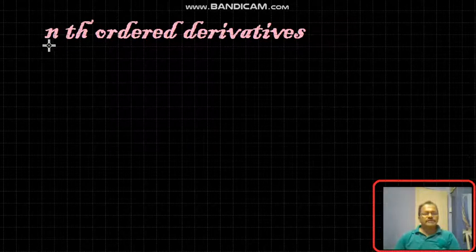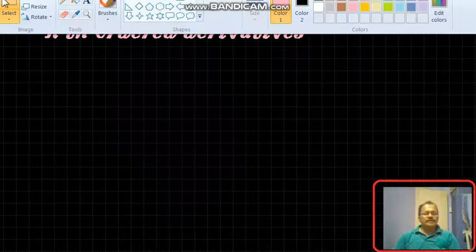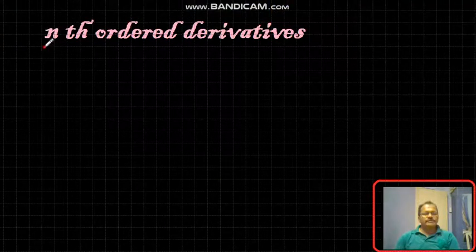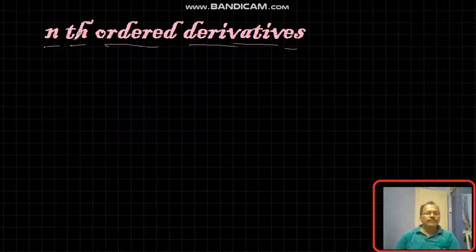In this session, we are going to consider the nth ordered derivatives of some standard functions. Let us begin with one simple function, y equal to x to the power m.